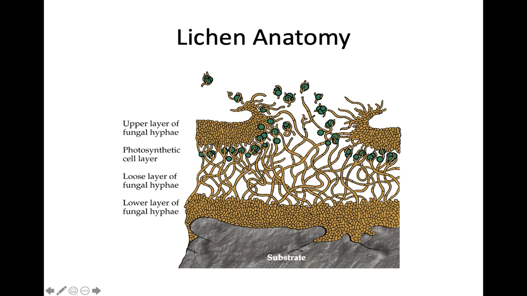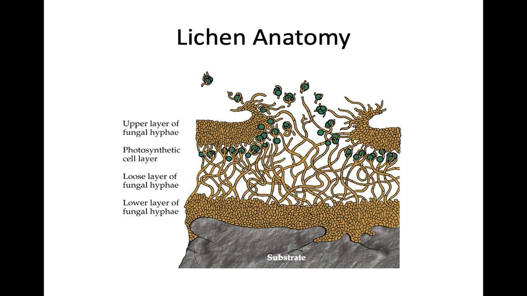There's a large open space inside the lichen, and this will be to allow for airflow for the organisms to breathe, or it might be a location where they'll trap water if the photosynthetic organism that's inside there is an algae. So that's what this loose layer is for, is either for airflow or for trapping water. And then below this space will be a layer of fungus that's attached this whole structure to the supporting material, which could be simply just like a rock in my backyard.